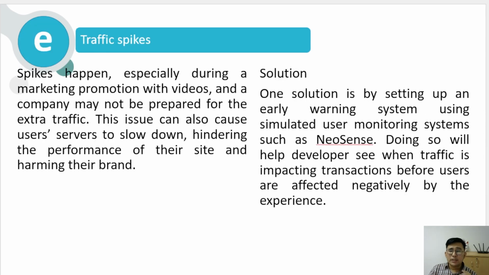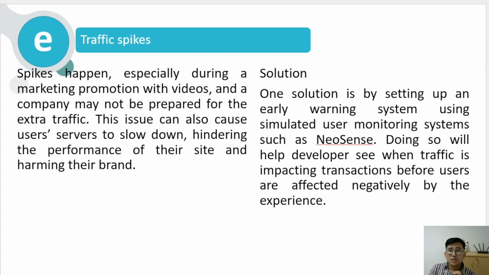So the next issue is traffic spikes. Spikes happen especially during use of web-based technology that includes multimedia content, such as marketing promotions with videos, and it may make us as a developer, as the owner of a business, not be prepared for extra traffic, extra data connected with our responses and also requests by the users using an internet connection.